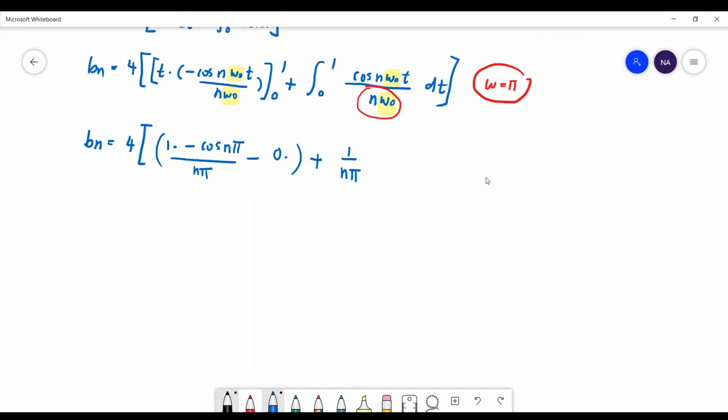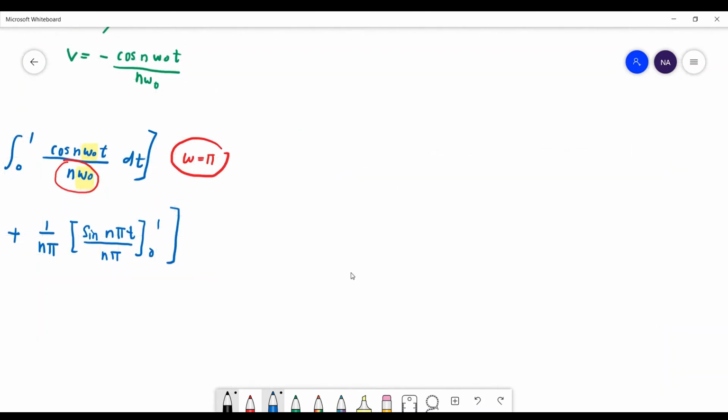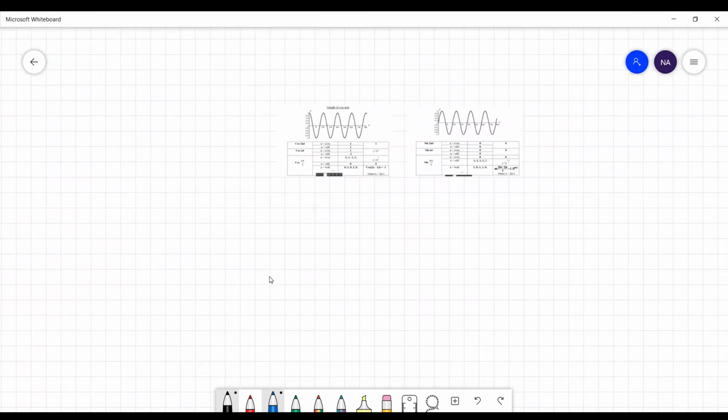And then I will integrate cos. Integrating cos will produce sine. So it will result in sine n omega t over n omega, where omega is pi, so over n pi. Right. Okay. The range is 0 to 1. And then, okay, this one we refer to the cos.